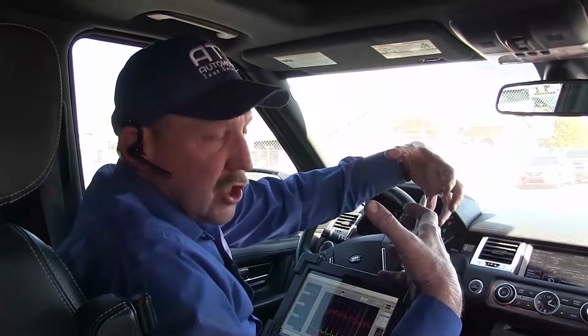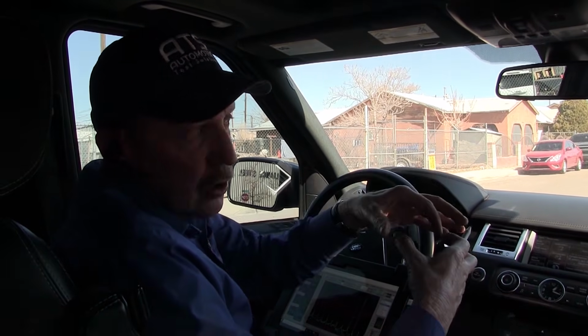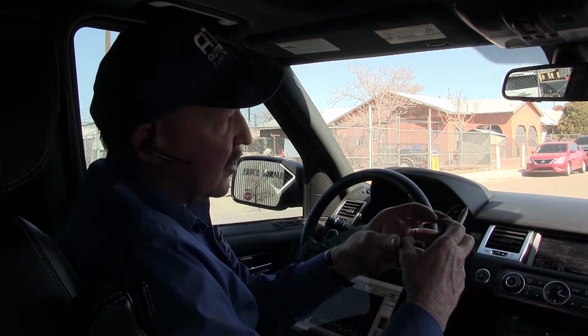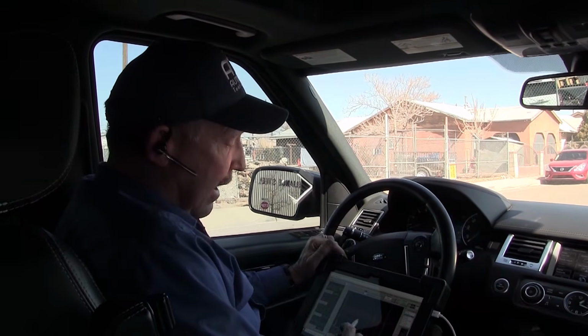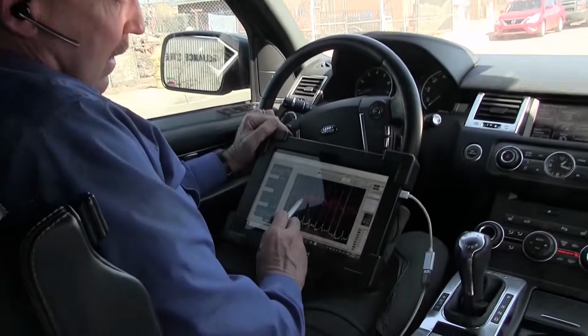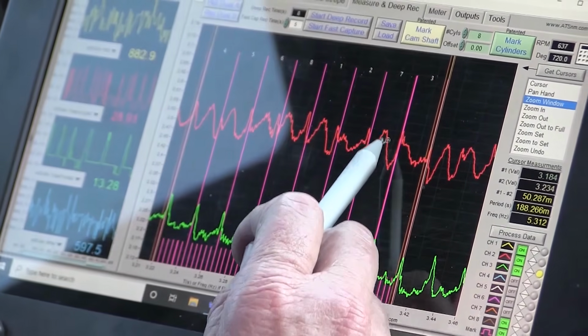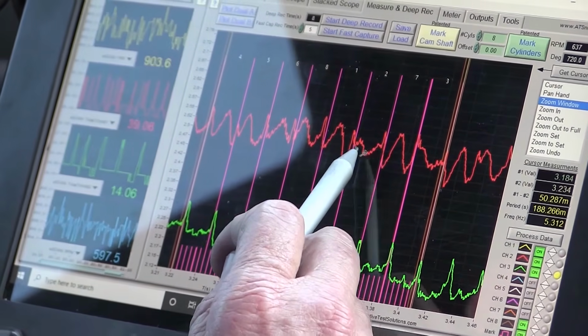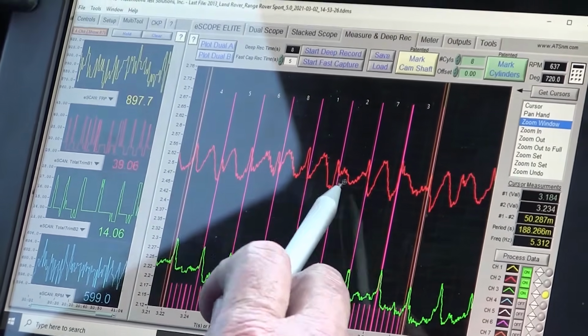So I have 2 pumps on this car, and that's unusual. And to have a 2-lobed cam, I don't see many of that. This is 2 and it's on a jack shaft. It's not being cam driven. But what we're having here is, again, this is having a problem, and we can see that the primary side, this is the low pressure side, is showing me that I'm having this problem.